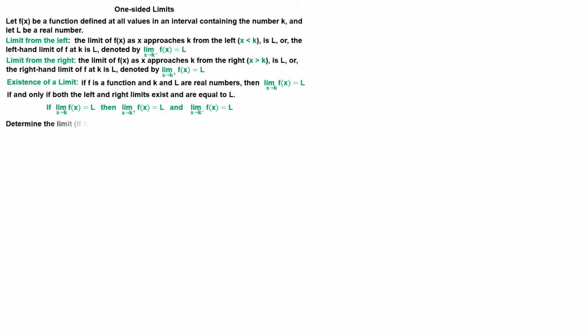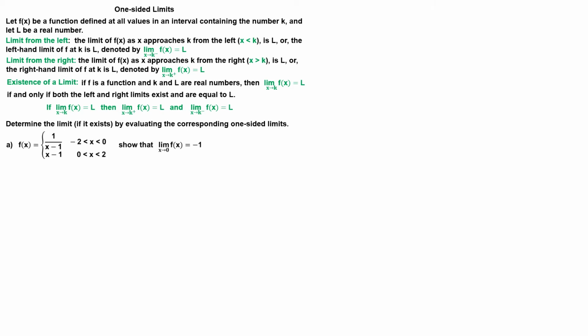Let's see how it works. Determine the limit if it exists by evaluating the corresponding one-sided limits. As x approaches 0 from the left, f is approaching the value of -1. As x approaches 0 from the right, f is approaching the value of -1.